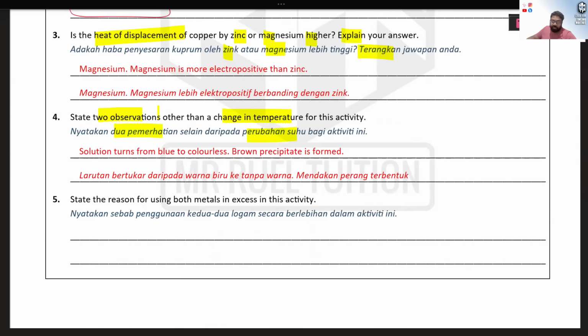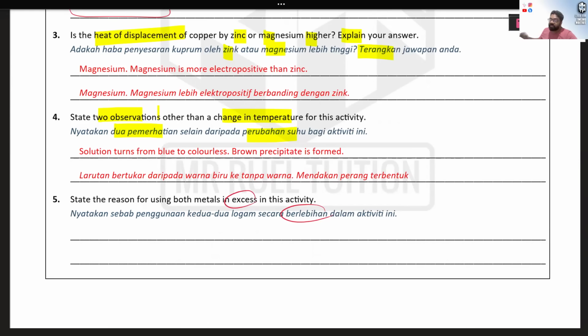Okay, state the reason for using both metals in excess. Why do we use the metals in excess? I have already given you the answer earlier, isn't it? Whenever we use any reactant in excess, the reason is so that the other reactant will be completely used up, right? There will be none left. So we want to make sure that there's no more copper 2 ions in the copper 2 sulfate solution.